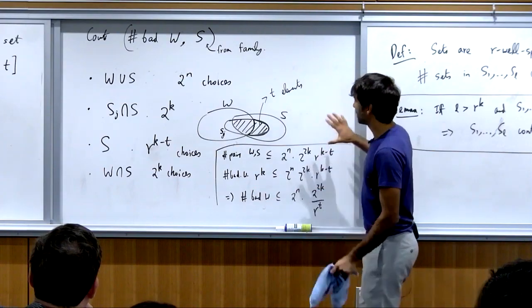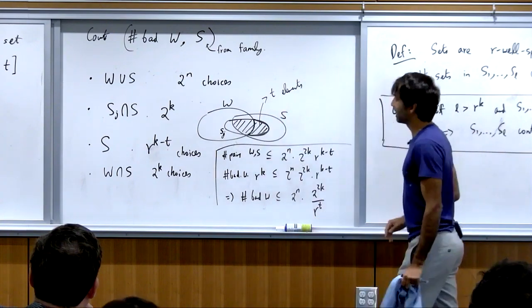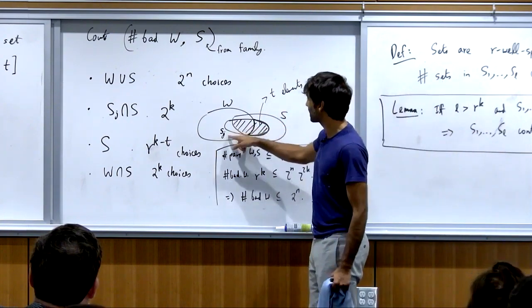So if you think about what's going on here, you start with a family of sets S, and you'll expect that there will always be the set Sj.